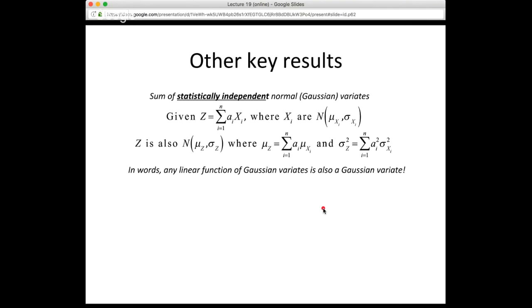Okay, so the textbook goes through some other key results along the same lines, looking at various kinds of sums and the corresponding PDFs for the independent variables.